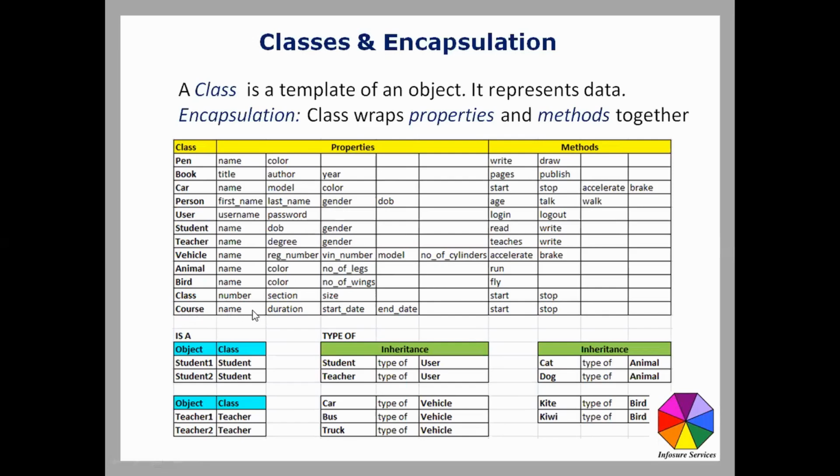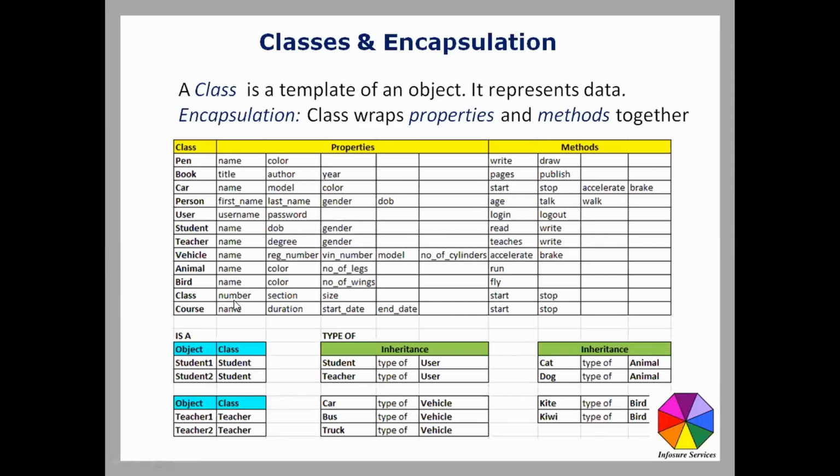So here is another example of a course, like a course name, a duration, start date, end date. Here you're defining your own data type, called course, which can have these properties. And the course can have start date, it can start the course, the course can stop.